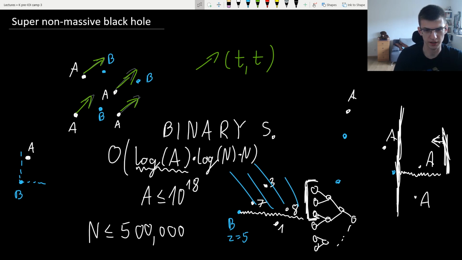what can we say? When we move with that sweep line and we see that we had point B and it wasn't dominated, then maybe if we see points A that are below, like here, we know by what extra value we need to shift this point to make B dominated.